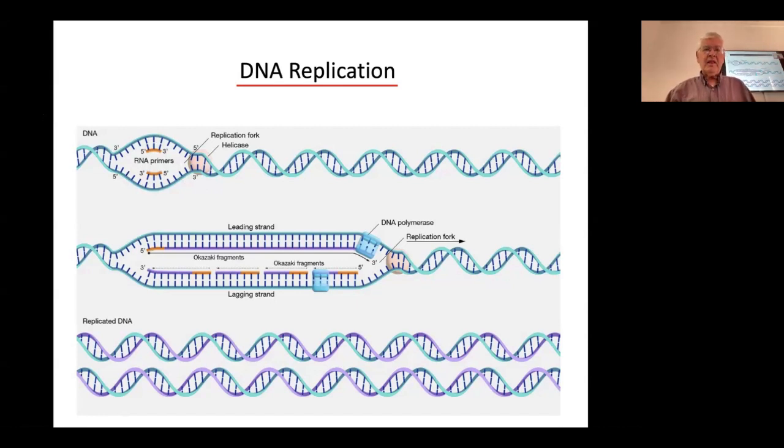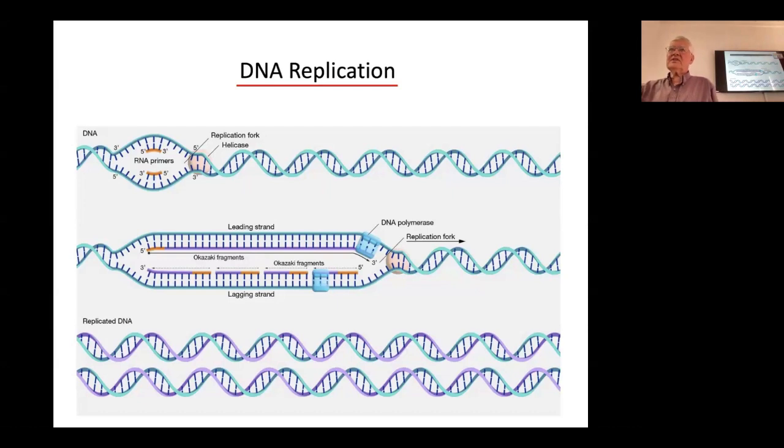All right. Then once the strands have been pulled apart, there is no enzyme, interestingly, that can just bind onto a single strand of DNA and copy it. All the enzymes that make DNA have to add to the end where it's double-stranded.